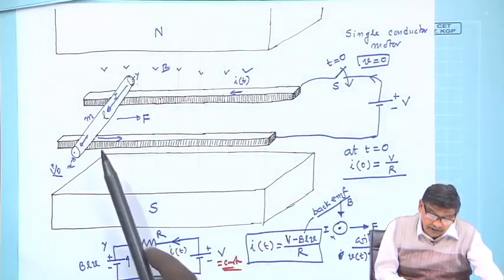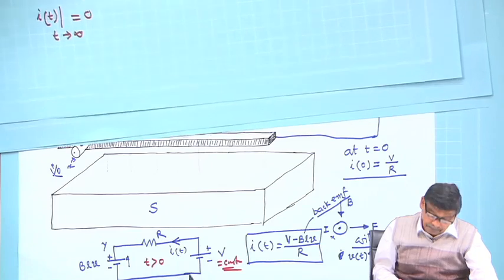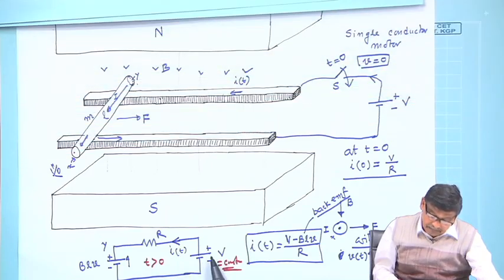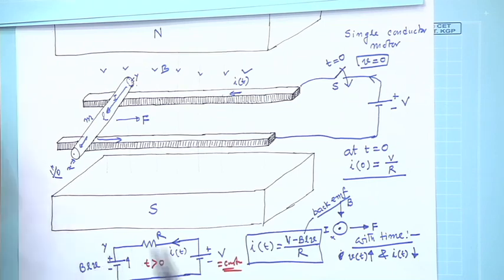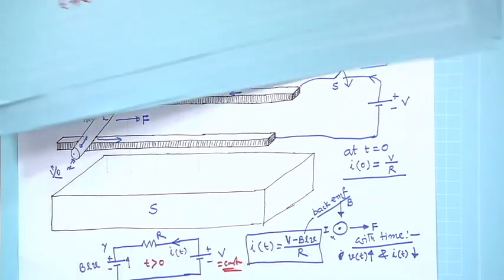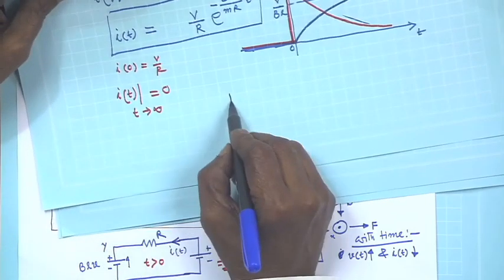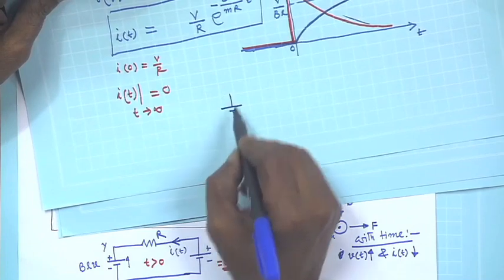Now, when the velocity becomes equal to capital V by B L, what will be this voltage? This circuit I recall.